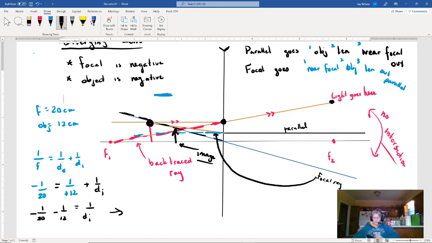Oh my goodness. Negative 0.133 equals 1 over di. And so then we invert this and we get di equals 7.5 centimeters.